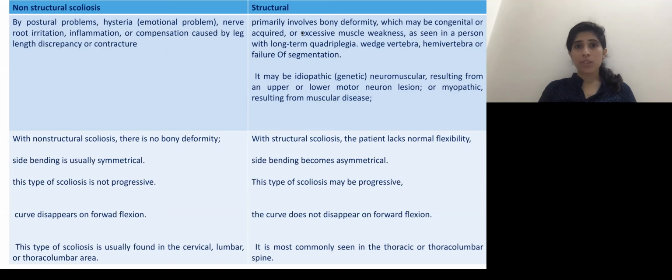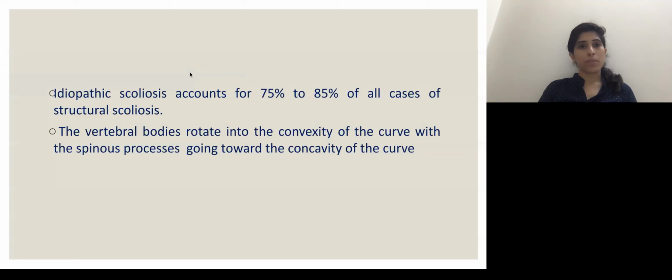Whereas in the case of structural scoliosis, the primary deformities are mainly associated with congenital anomalies, and conditions like quadriplegia, wedging of the vertebrae, hemivertebrae, and failures of segmentation. So these are the factors which are responsible.